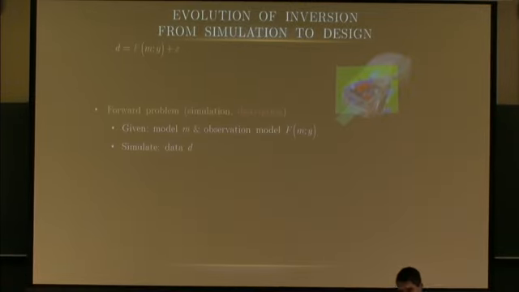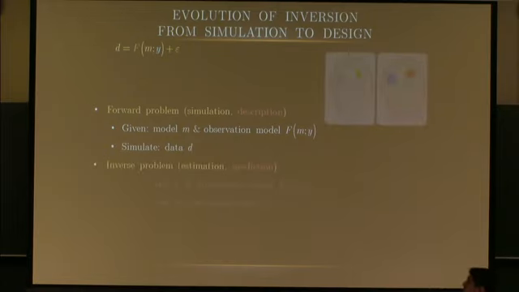So just to wrap up the three different challenges that we can identify. The first thing that we learned in the evolution of inversion was actually how to simulate, how to describe the problem. So given a model and some observation or physics that we can describe, try to estimate data. The second problem is really the inversion.